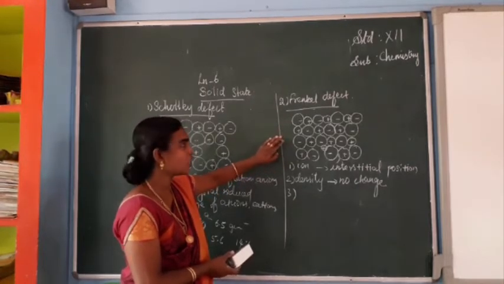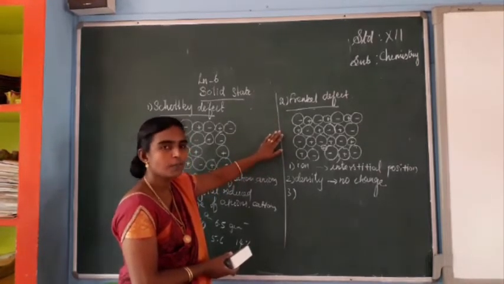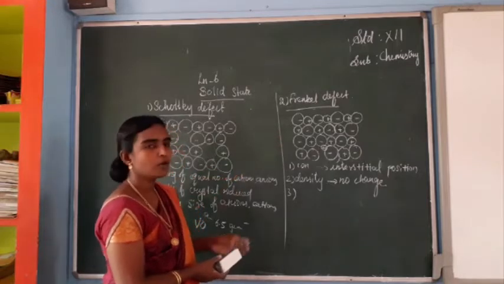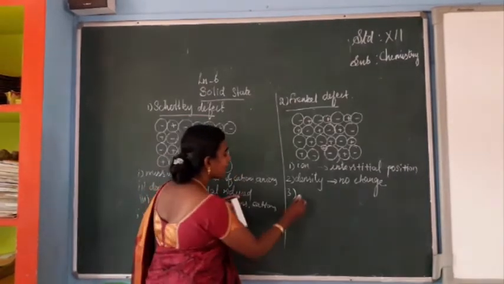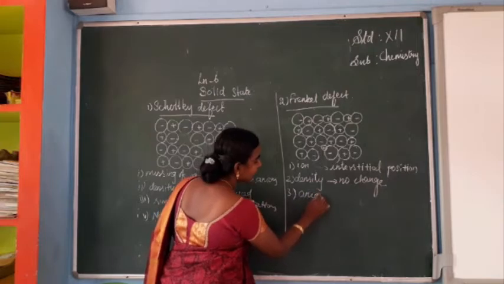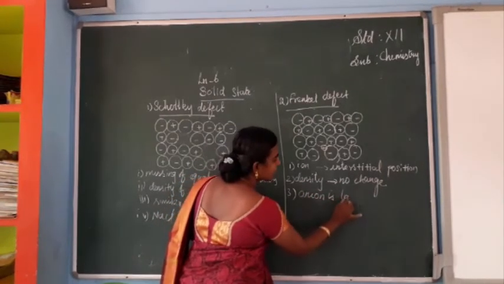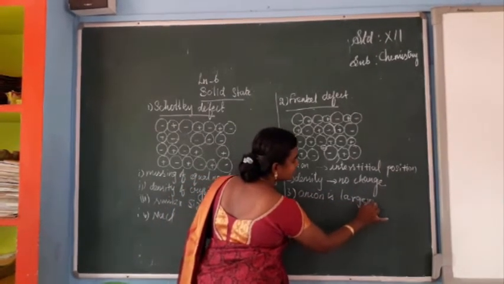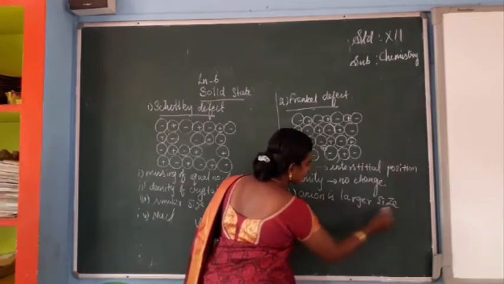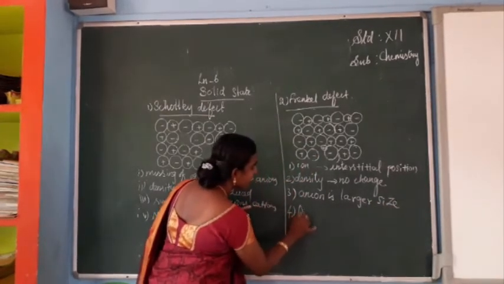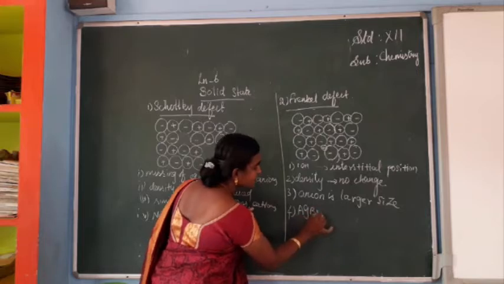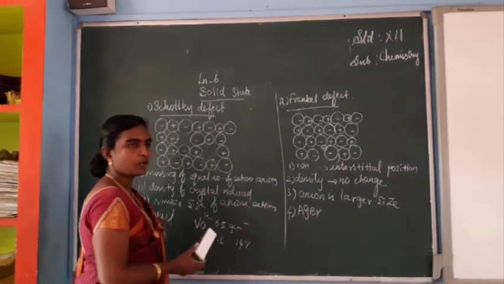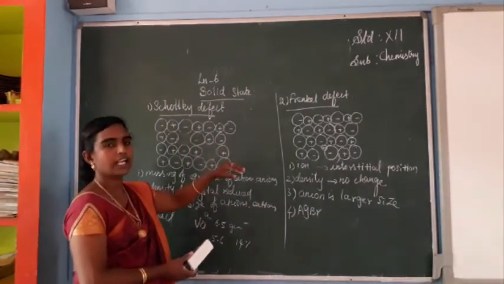So neutrality of this crystal also will not change. So what about size? Anion is larger in size than cation. Example for this defect is AgBr. Okay, so these are the points regarding Frenkel defect.